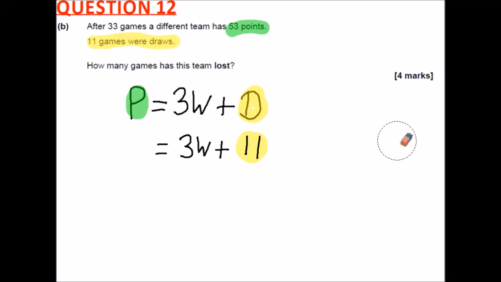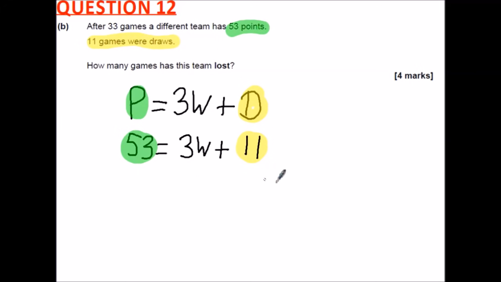So the value of P is 53. So now we know that P, which is 53, equals 3W plus 11. So what we need to do now is to solve this equation to work out how many games were won.